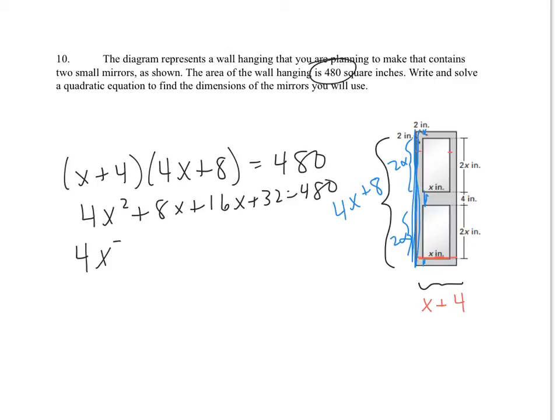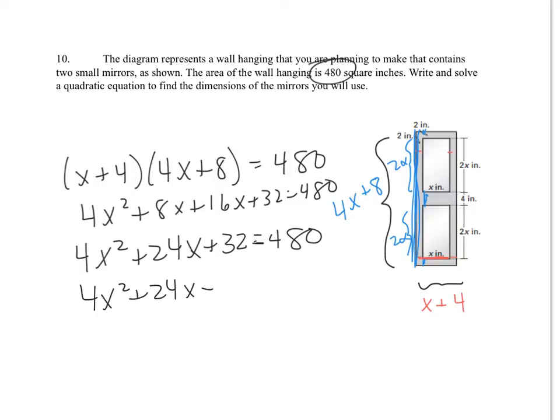Simplify: 4x squared plus 24x plus 32 equals 480. Now we want to set it equal to 0. 4x squared plus 24x minus 448, because that's 32 minus 480, equals 0.